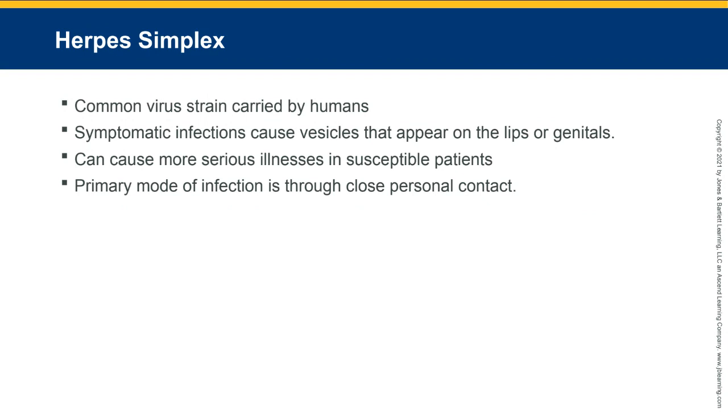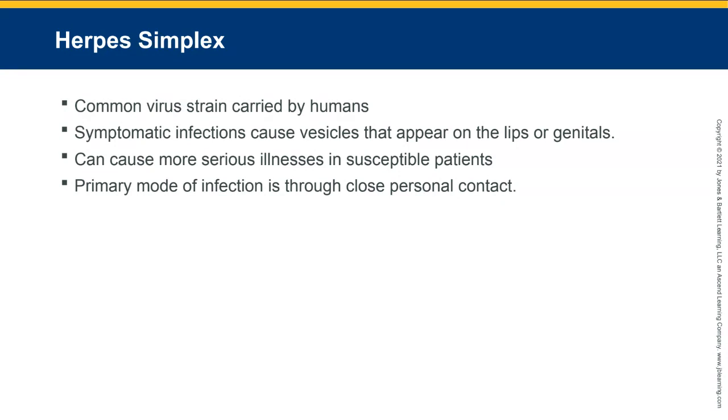Now, herpes simplex. It's a sexually transmitted disease. Common virus strain carried by humans, and there are two types of herpes virus. You have herpes simplex virus 1 and herpes simplex virus 2.